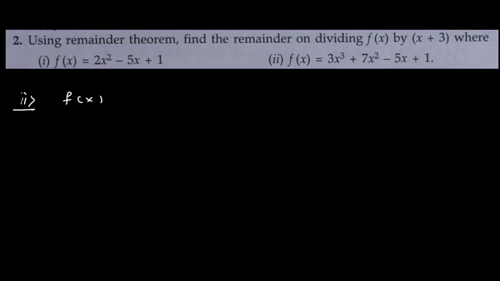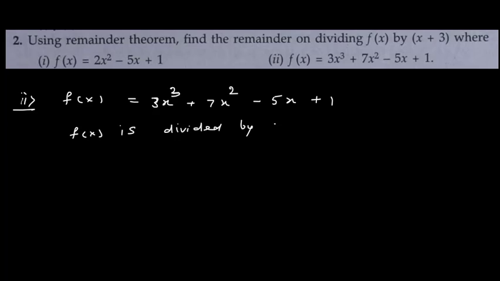We are given f(x) equals 3x cube plus 7x square minus 5x plus 1. This f(x) is divided by x plus 3.